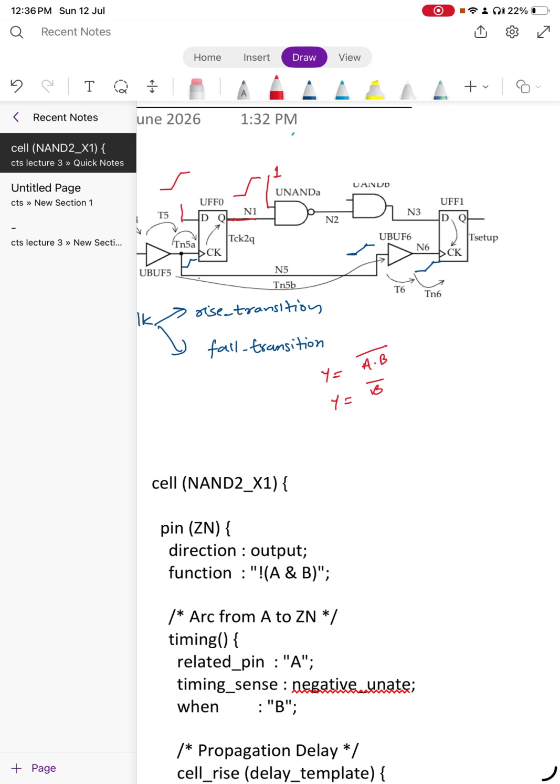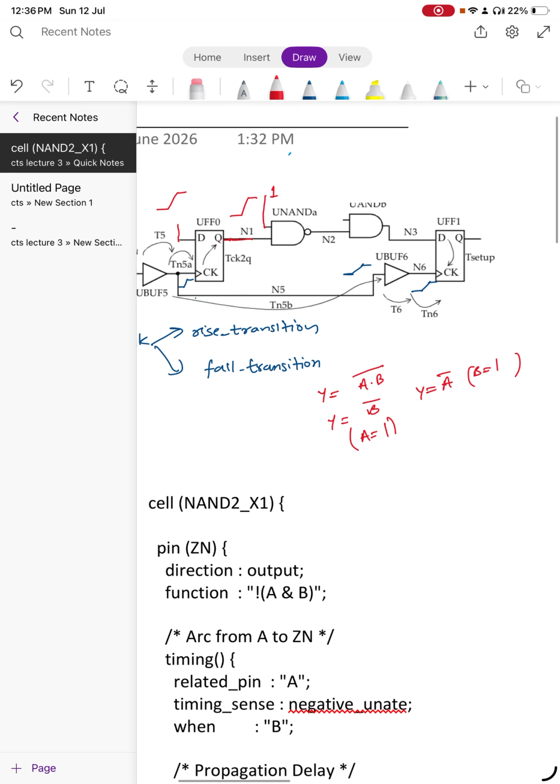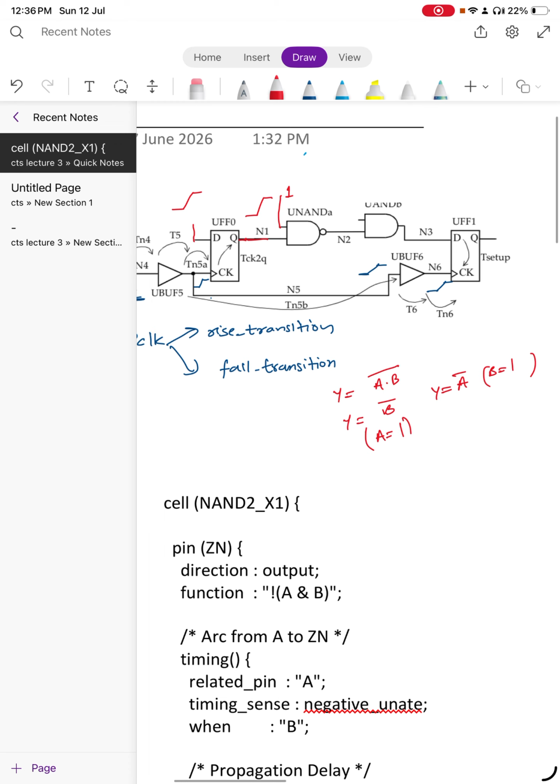If B is 1, then Y is equal to A bar. So this says that output of this NAND gate is invert of the input. So if this is rising, this is falling, correct?